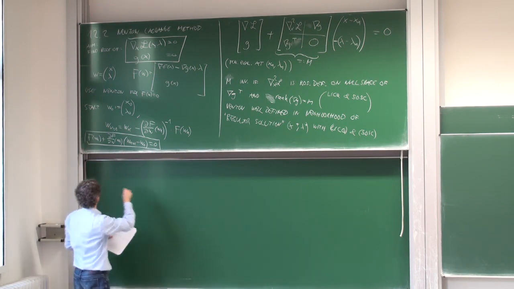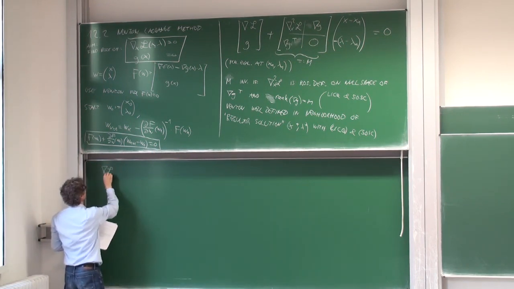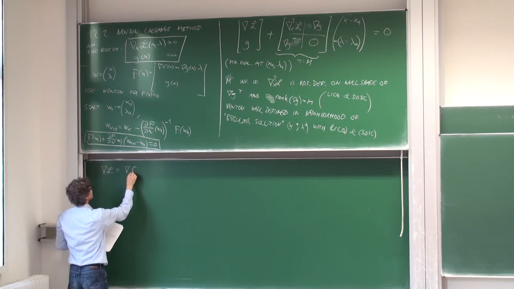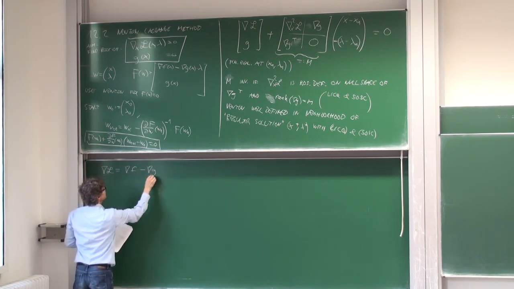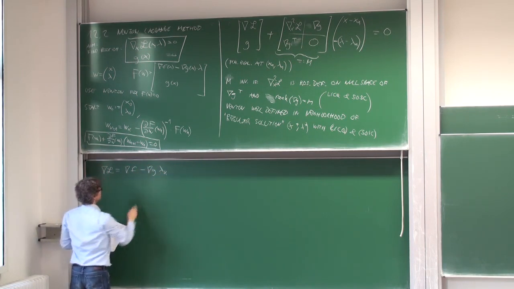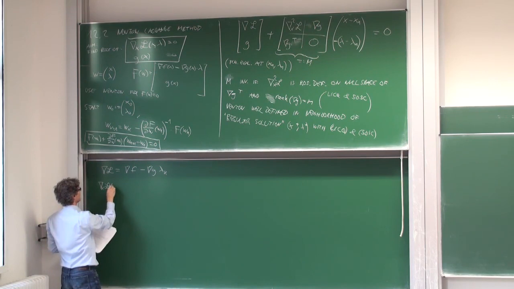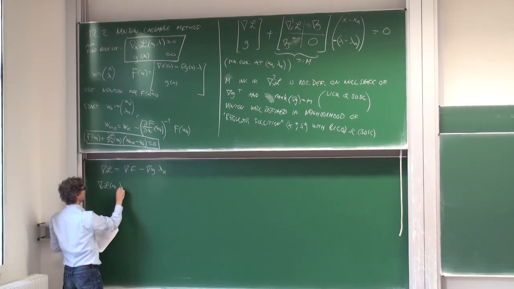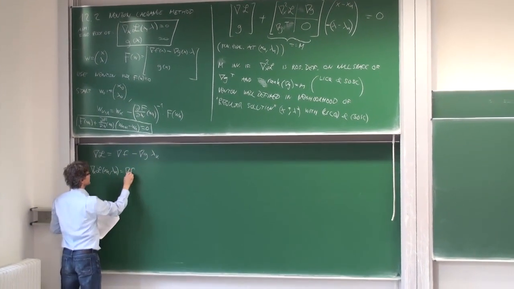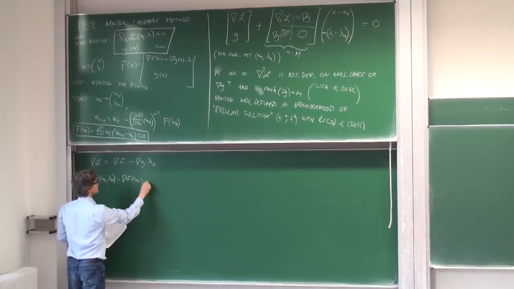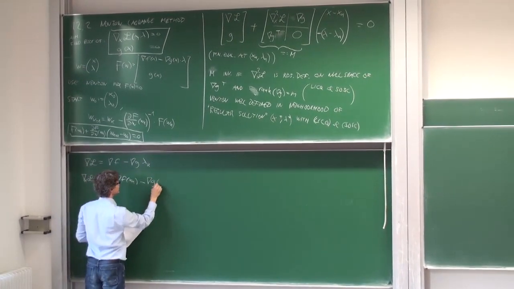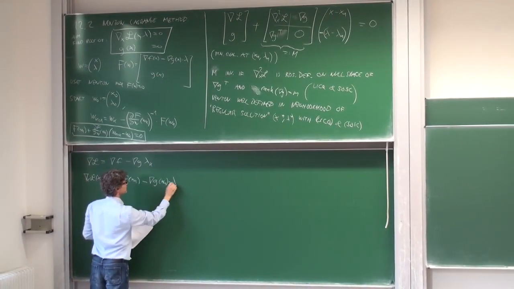I will modify this a little bit by using the following equality. Maybe I should actually write it in more detail. So, the Lagrange gradient at the current iterate is given by the gradient of the objective at the current iterate plus the gradient of g at the current iterate times lambda k.